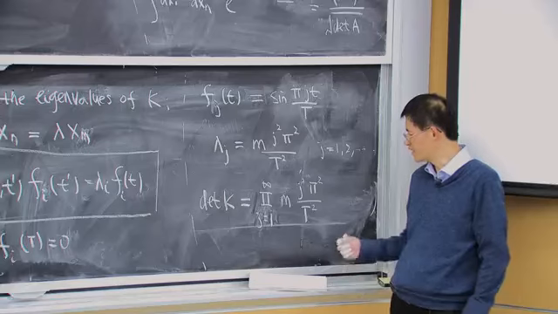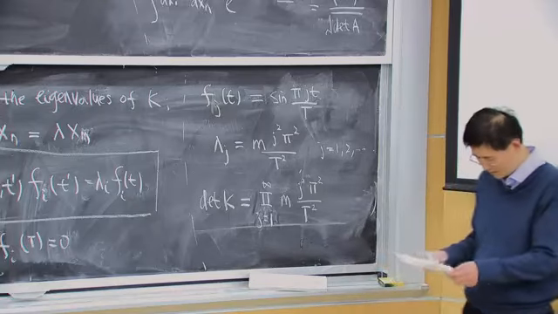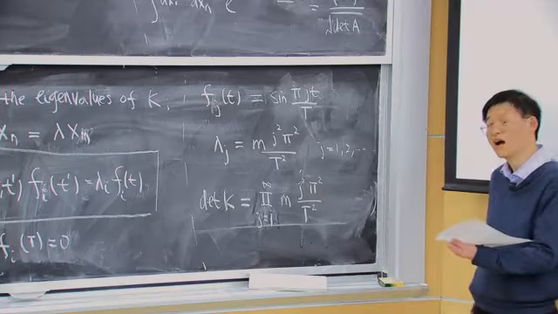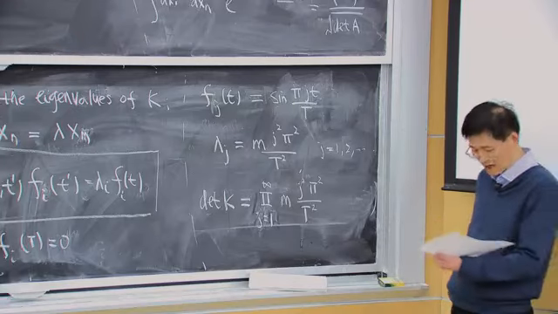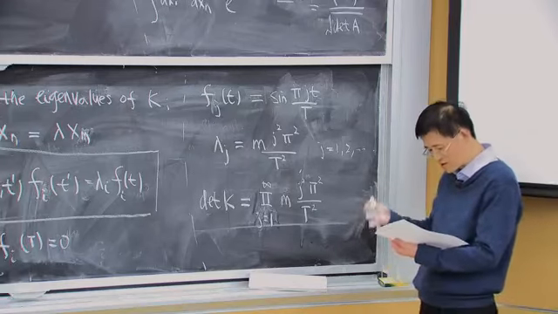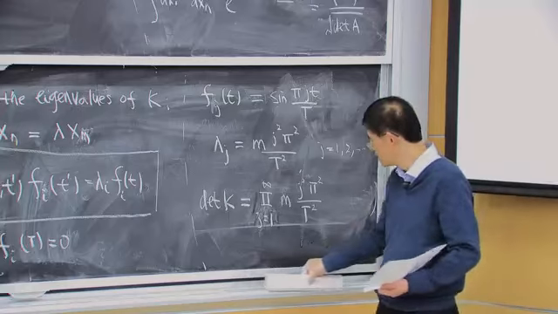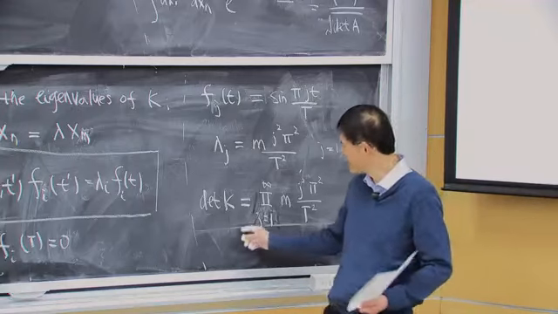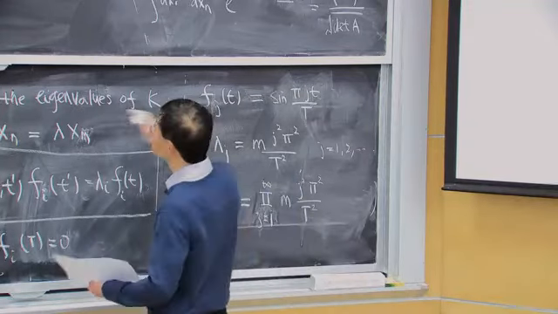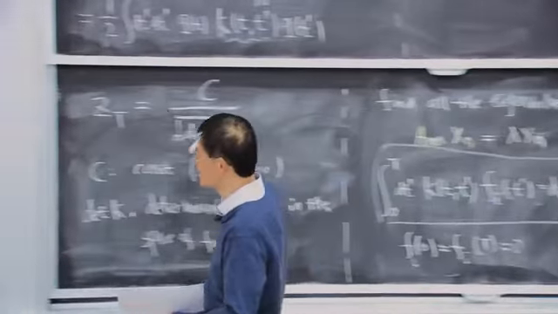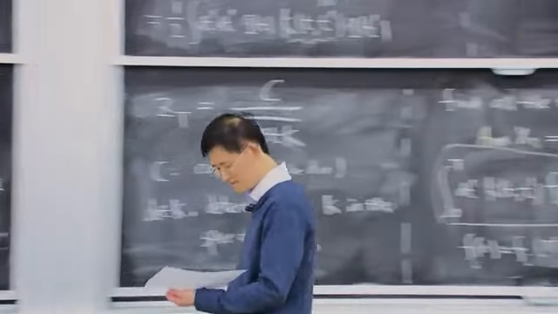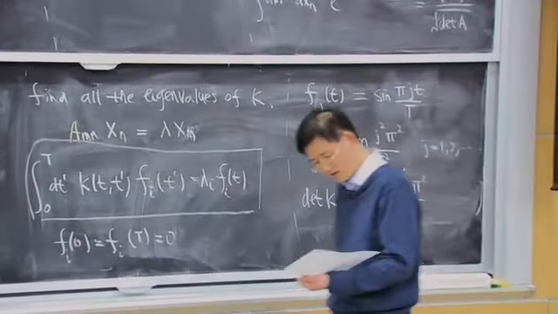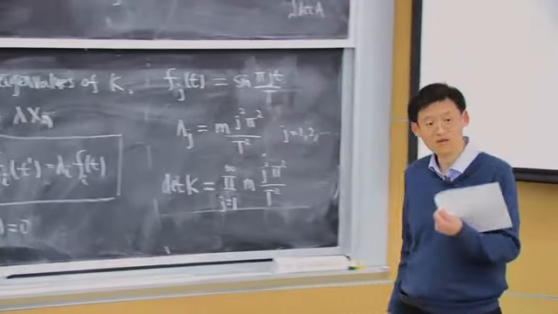Now I claim, again, I will not have time to do it here, that once you do the proper things, this gives you that answer, the C over delta T. You will walk through that in your homework problem.